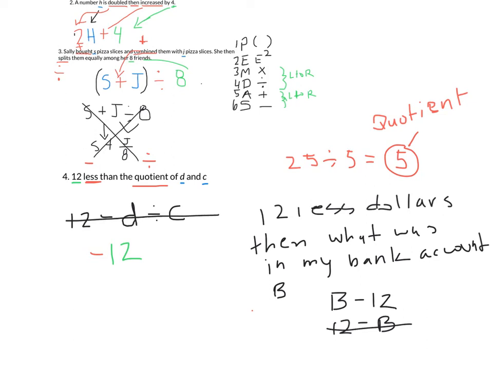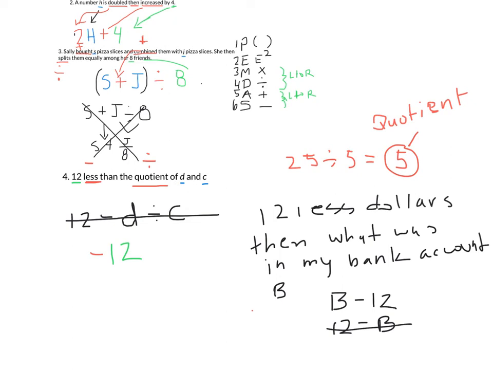So how do we finish this off? Well, if it's minus 12, we have to outline what the rest of this is going to look like. And the rest of this is the quotient of D and C. So how do we show the quotient of D and C? Well, if quotient is the answer of a division problem, then all we got to do is give a division problem. We can do that in two ways.